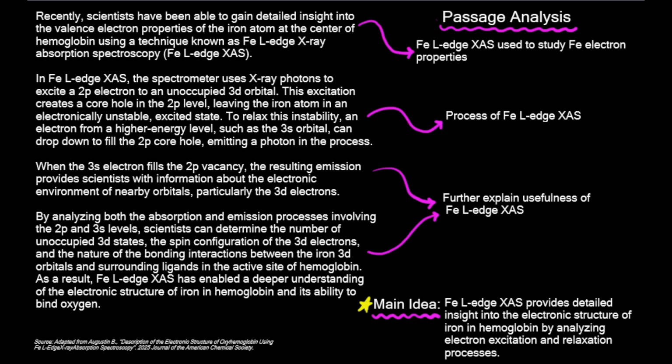The first paragraph serves as an introduction and it explains that the scientists used this technique to better understand the properties of the iron atom at the center of the hemoglobin.